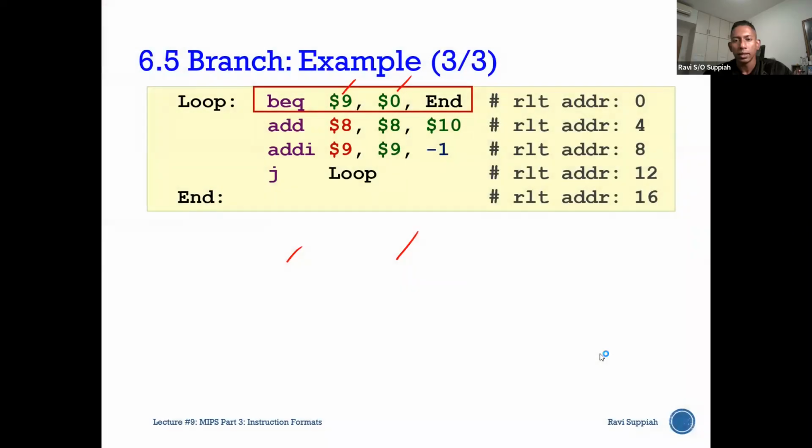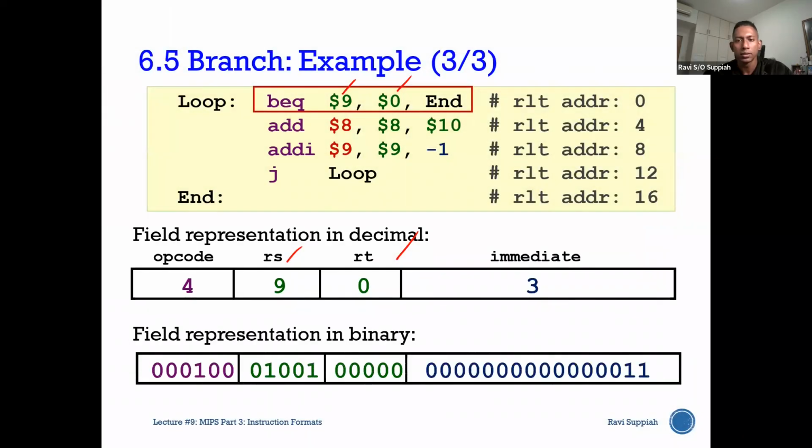And the immediate is 3. So it will automatically know that if the branch is supposed to be taken, I will have to branch to 3 lines away. That is where the label is.